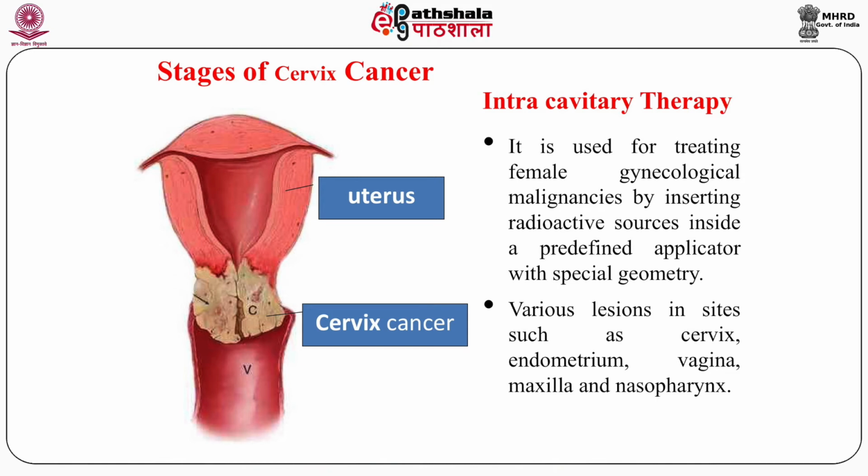This is a figure of different staging, which shows the different staging of CA cervix. It is used for treating female gynecological malignancies by inserting radioactive sources inside a predefined applicator with a spatial geometry. Various lesion sites such as cervix, endometrium, vagina, maxilla and nasopharynx can be treated.